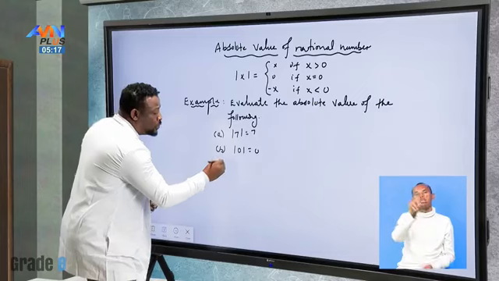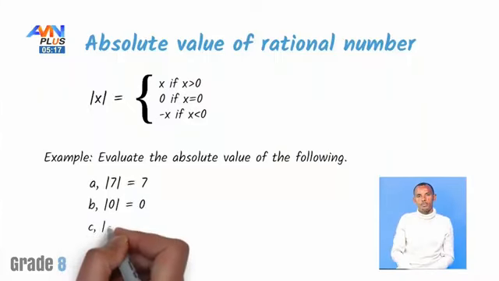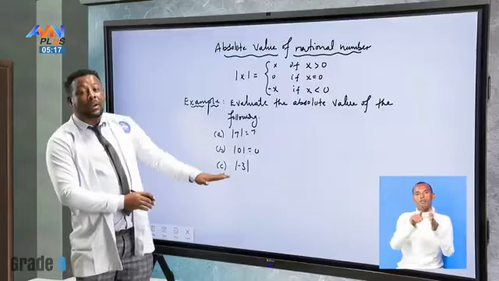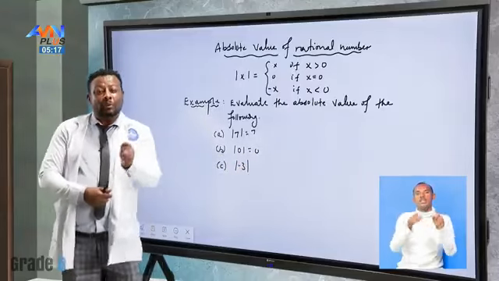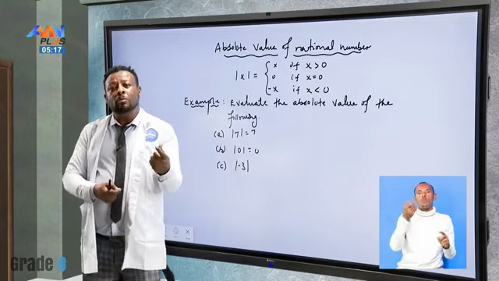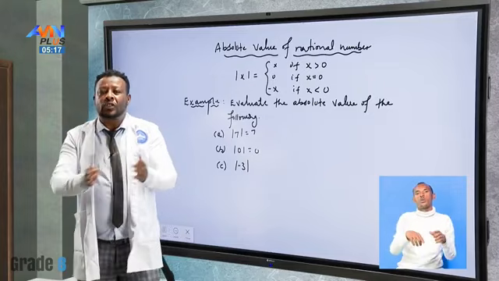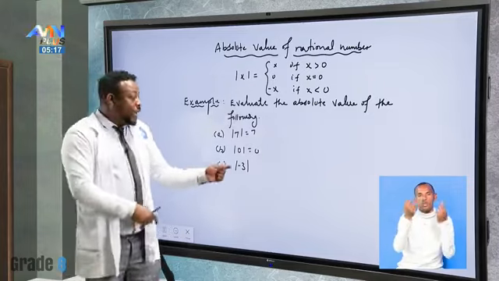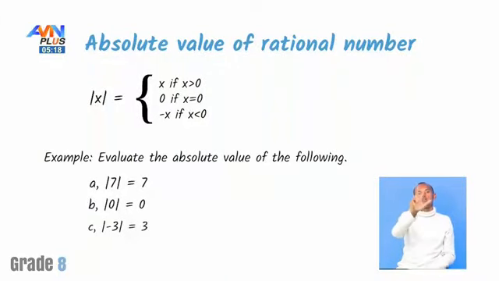Sometimes you may be asked to evaluate the absolute value of some negative number, right? The absolute value of a negative number is also positive, because by definition, the absolute value of a number is the distance from 0 to that number on a real line without considering the direction. So the absolute value of -3 is positive 3, okay?